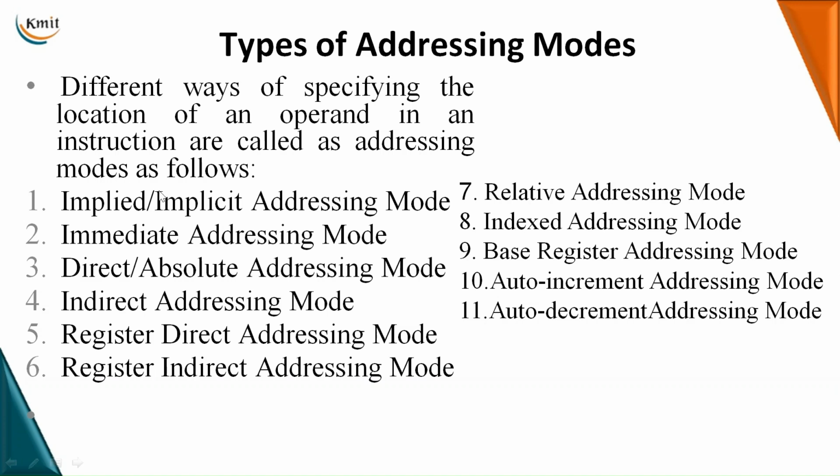First is implied, also called implicit addressing mode, then immediate addressing mode, direct or absolute addressing mode, indirect addressing mode, register direct addressing mode, register indirect addressing mode, relative addressing mode, indexed addressing mode, base register addressing mode, auto increment addressing mode, and auto decrement addressing mode. Depending upon the type of addressing mode that the CPU implements, they specify the location of an operand in the instruction.